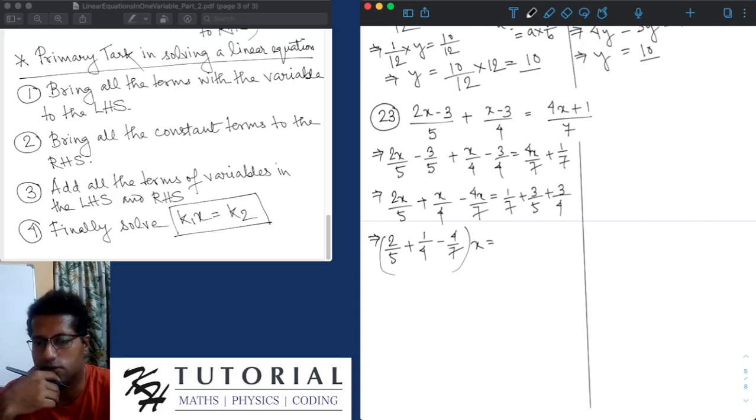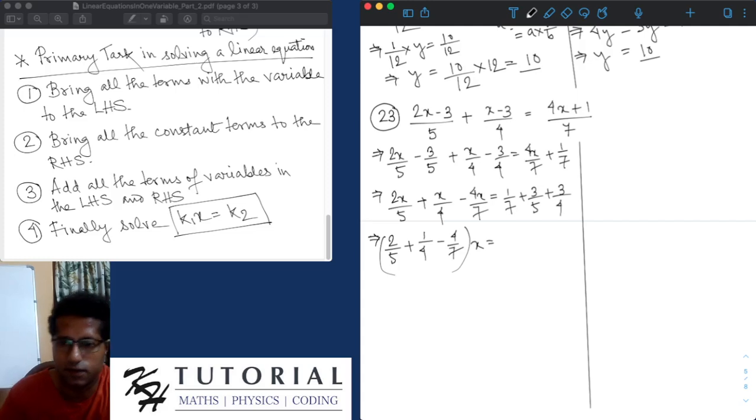We have to find the LCM of 7, 5 and 4, which is 35 and 70, I guess 70. Yeah, it is 70.